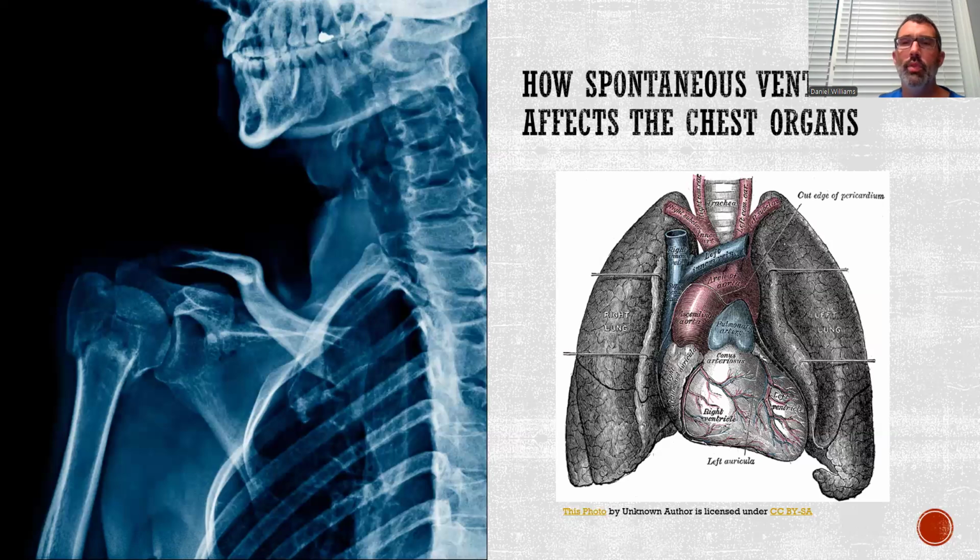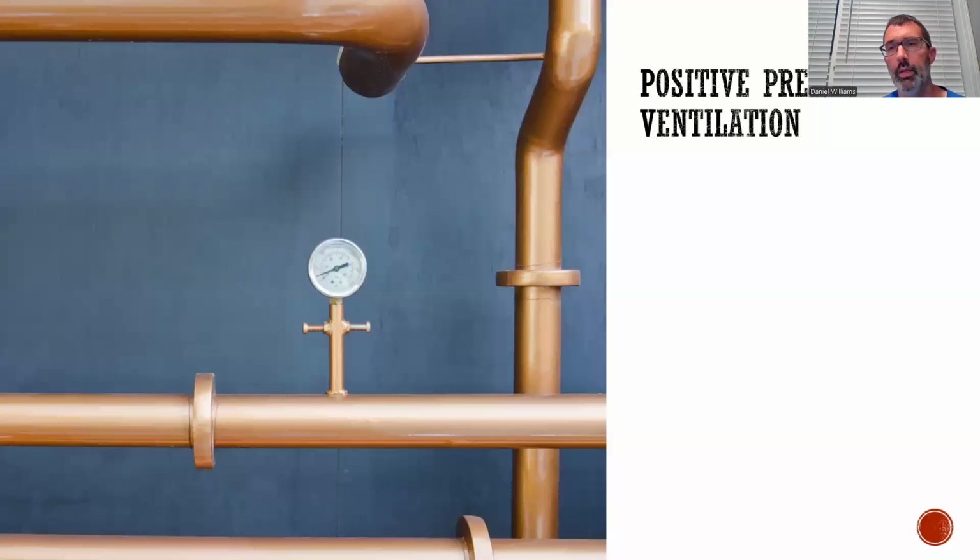So just always remember the normal blood flow through the heart, the pressure differences between your spontaneous ventilation and your positive pressure ventilation, and then you can apply those to the scenarios that you may encounter, whether it's on an exam or in real life, depending upon where you're working in your ICUs.